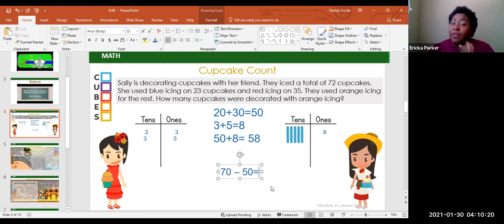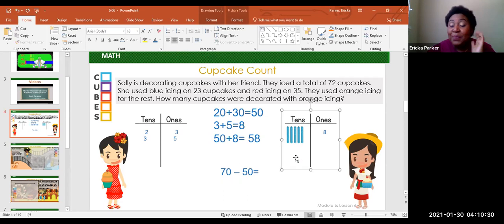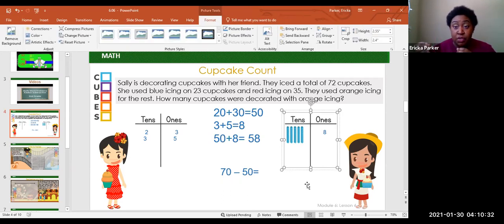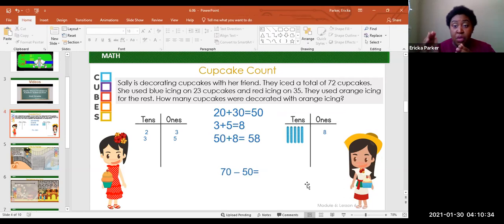But there's a problem with doing it this way. This way gets confusing. Okay, this way gets very confusing, my friends, because we got 72. What's another way for us to write 72? Let's see if I can get anybody to think about that for a minute.